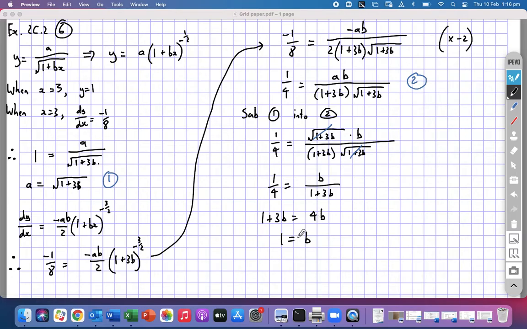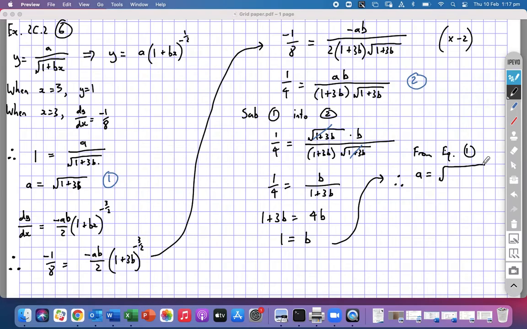We can now work out a. All right, running out of room here. So therefore, a equals, this is coming from equation 1, I've labelled it.